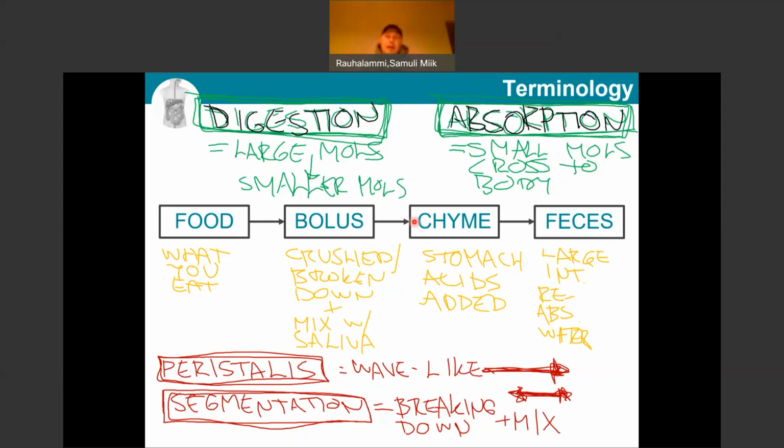Not only are we adding a lot of chemicals with the stomach secretions, the entire texture, if you wish, of the substance changes. If you've ever had to throw up, you would have an idea what the chyme could be like.